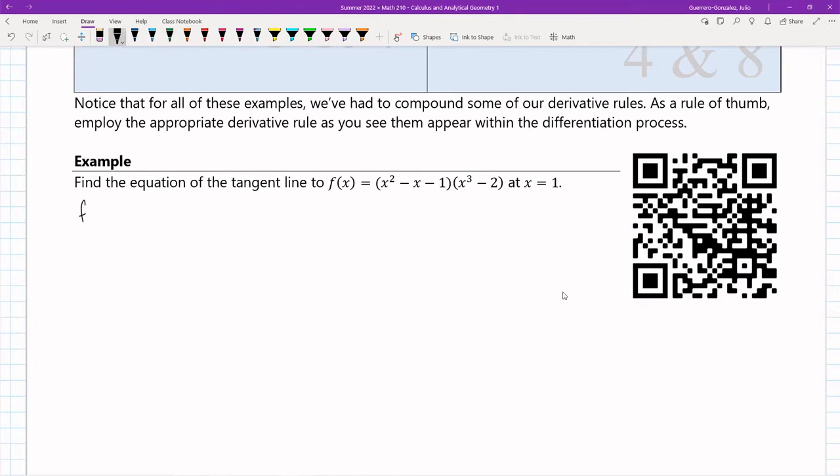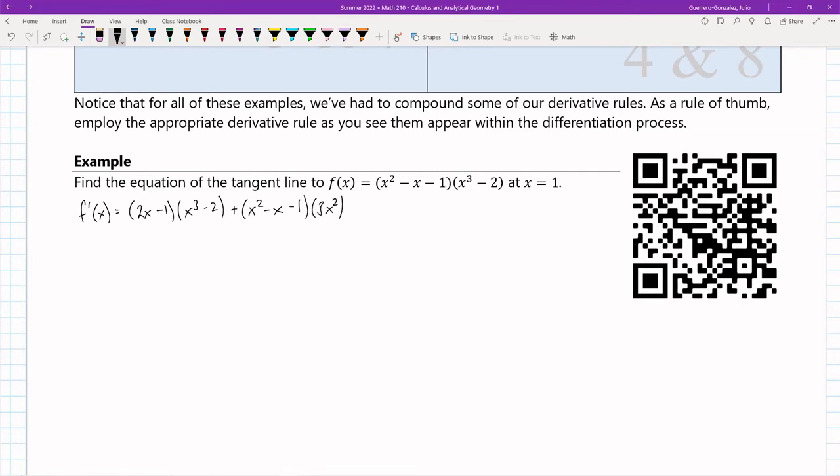So I know f prime of x is going to be, using the expanded version of the product rule, 2x minus 1 times x cubed minus 2, plus x squared minus x minus 1 times 3x squared.